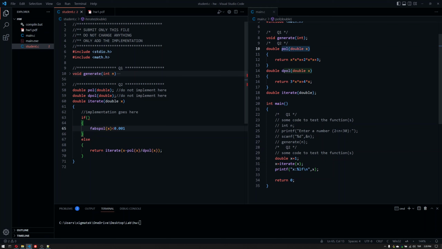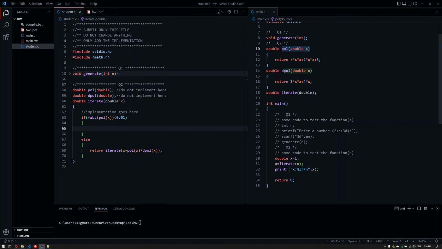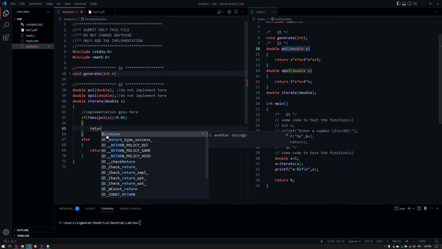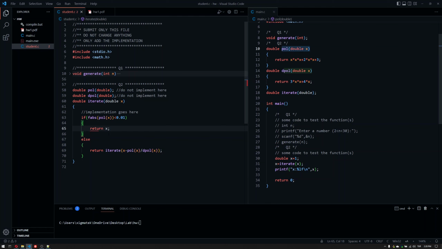So we have f_abs. If this happens, then we have solved it, and therefore the solution would be correct, so we could just return that. I like to use scientific notation here, 10 to the power of -2.